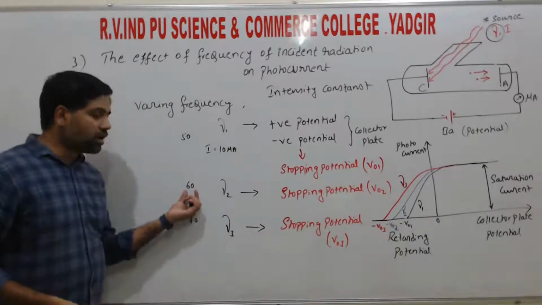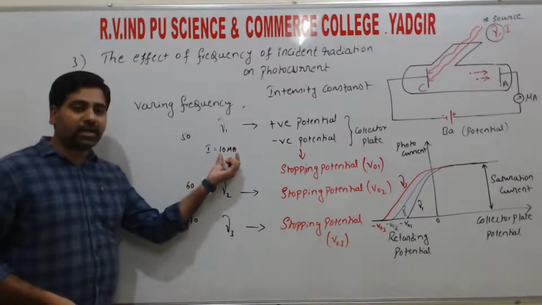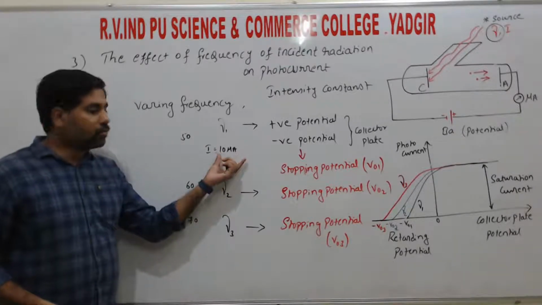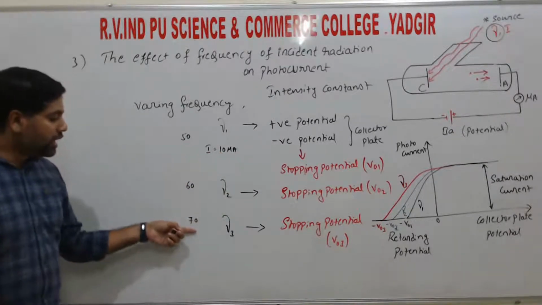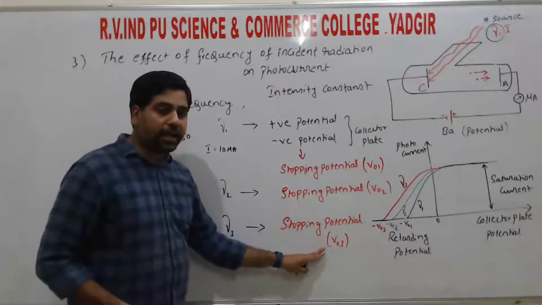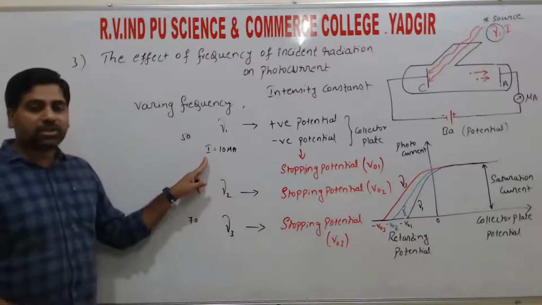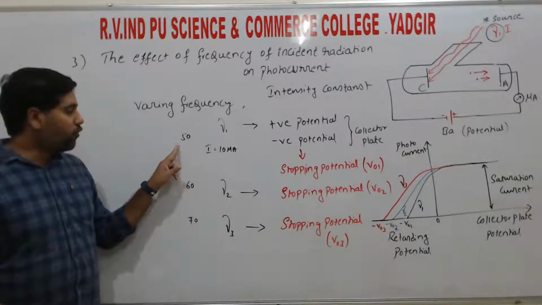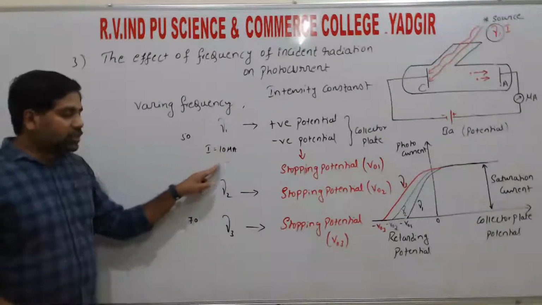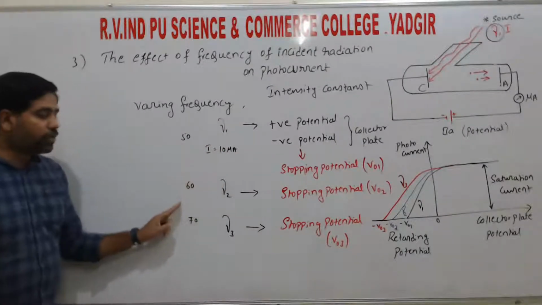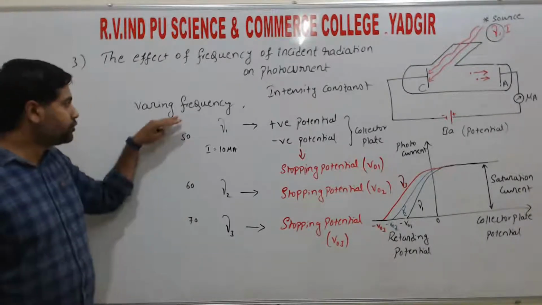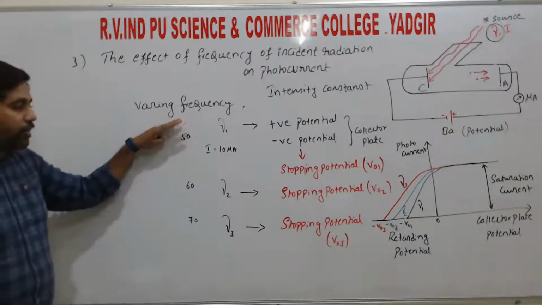Then the saturation current for 60 is also 10, and for 70 also 10. So as the frequency increases, only the stopping potential increases, but the saturation current remains the same for all the frequencies. This means that the saturation current is independent of the frequency of the incident light.